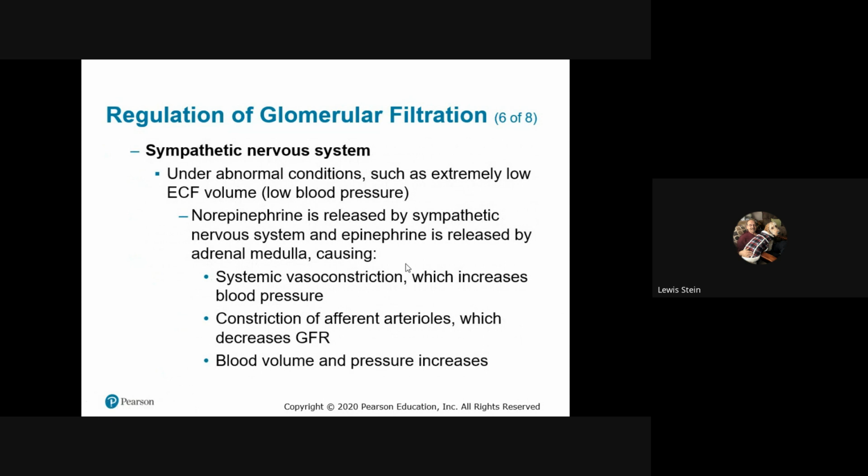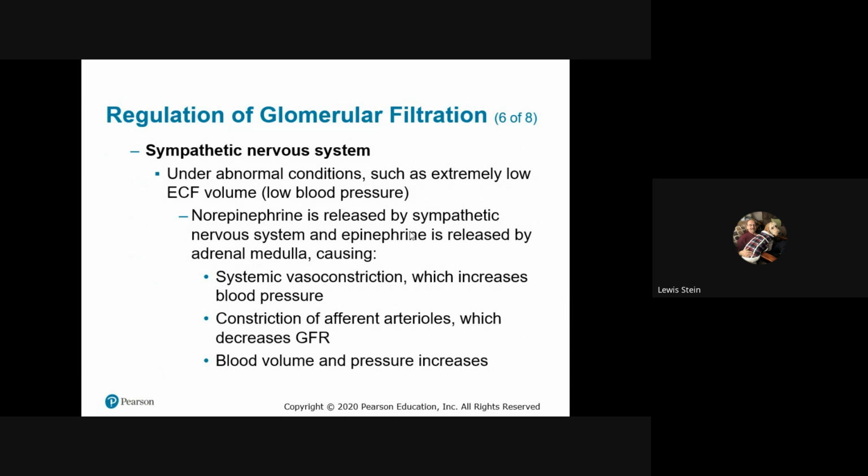But if pressure goes low, such as what happened to me, and this is the tragedy of shock, your body doesn't know why it's happening, that you have an infection. All it knows is your kidneys aren't working, so it tries to accelerate the system.